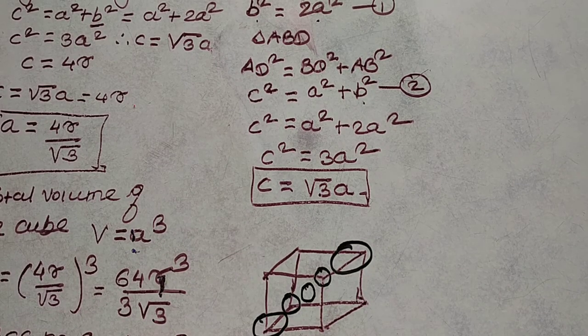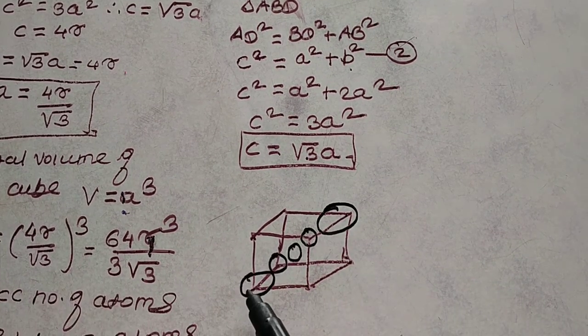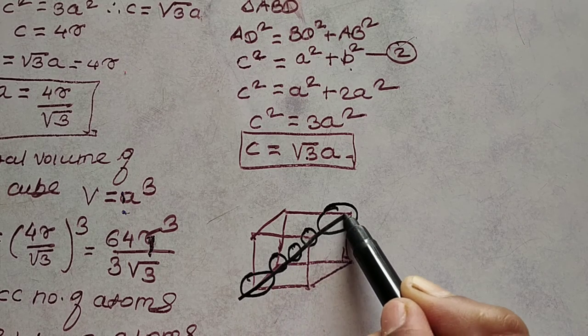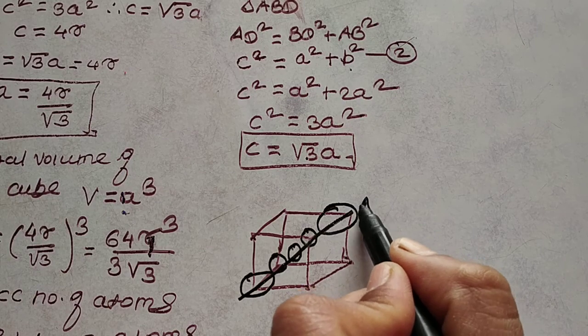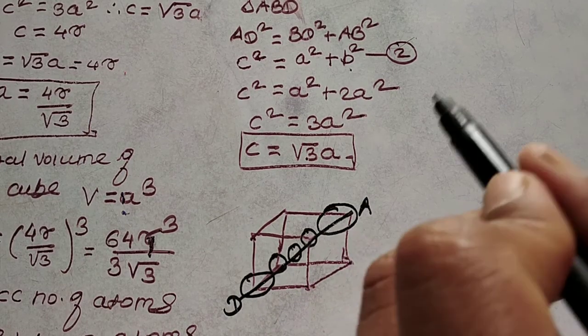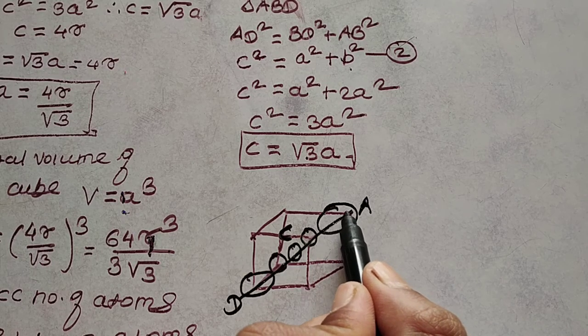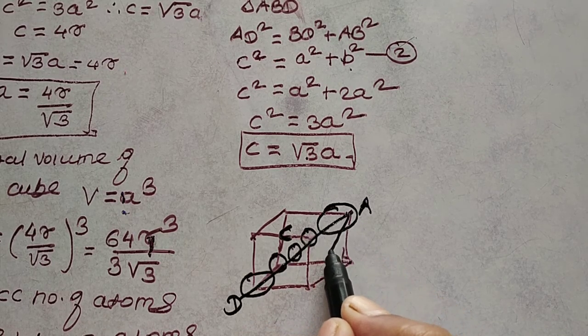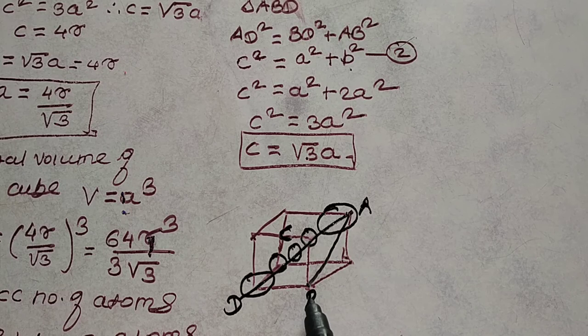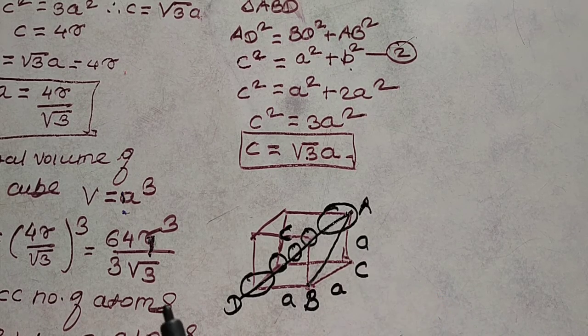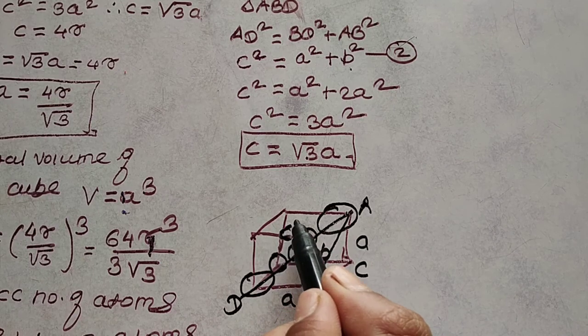I just draw diagonal AD, as I already showed above, and this diagonal is AB. This is a, this is b and this is c.